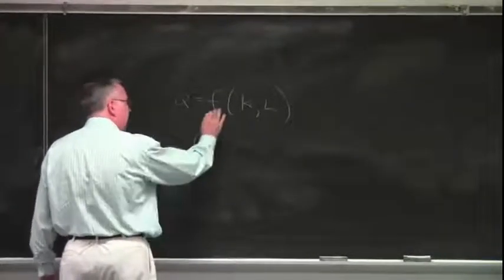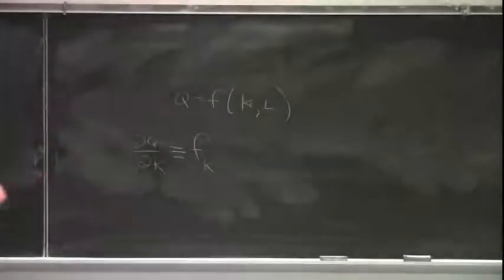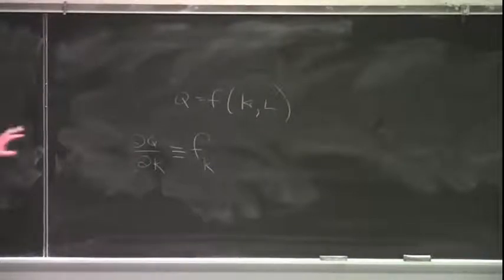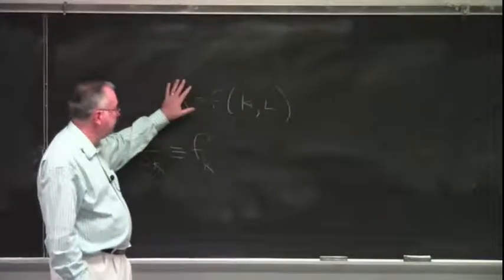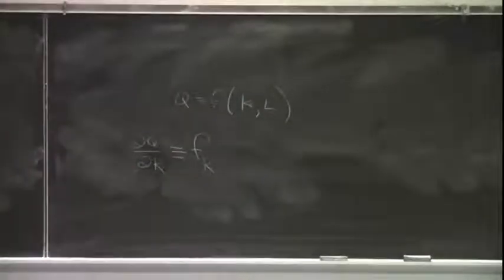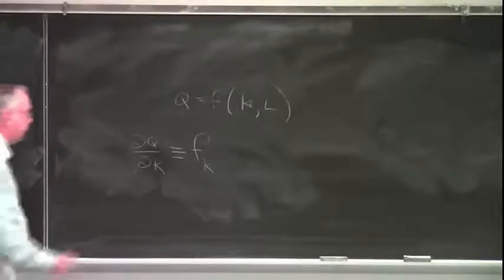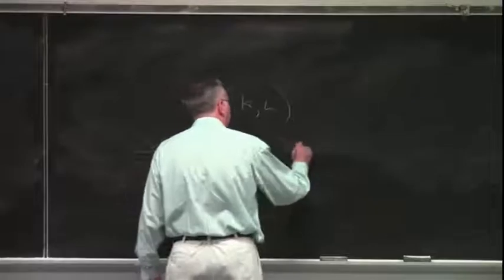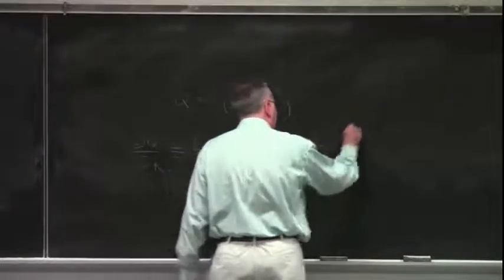F, your function, is F sub K. So let's just define F sub K to be the partial derivative of output with respect to capital, or the partial derivative of this function with respect to capital. F is just equal to Q, so it's an alternative notation. It's very convenient. And following a similar procedure, partial Q, partial L could just be written F sub L.